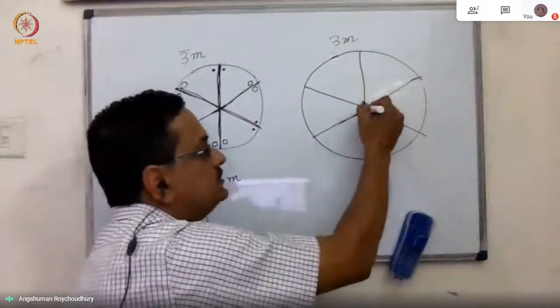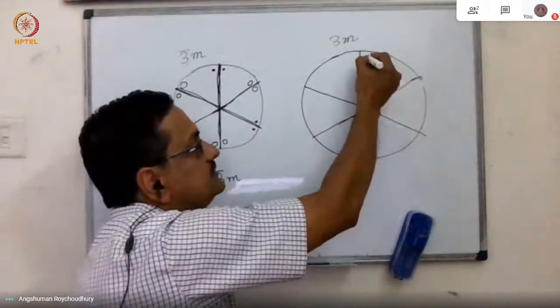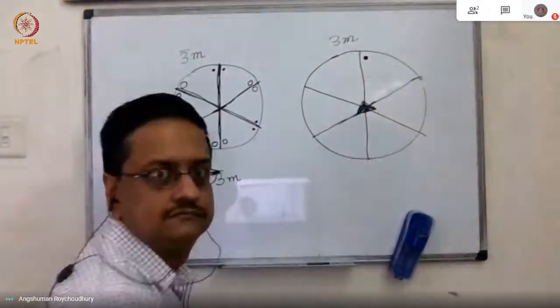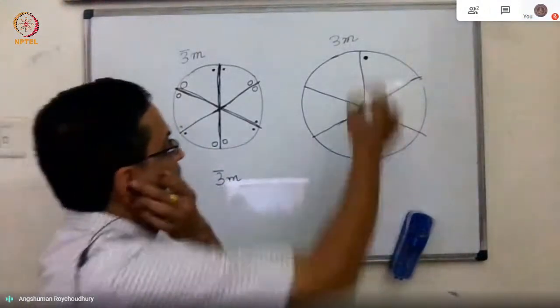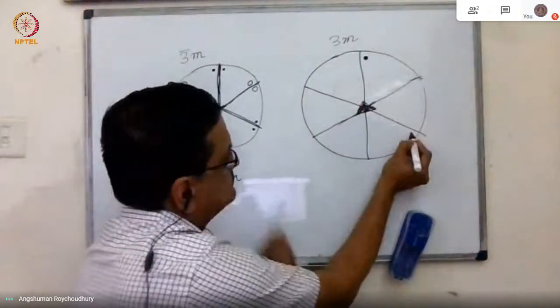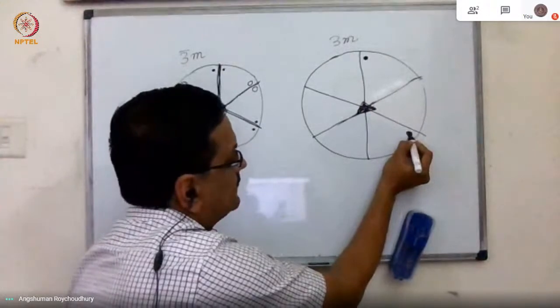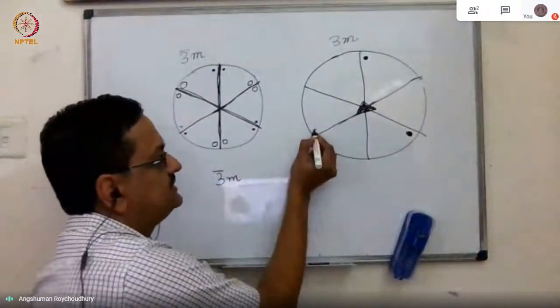Now I should do 3 with a point. A 120-degree rotation brings it here. Another 120-degree rotation brings it here.